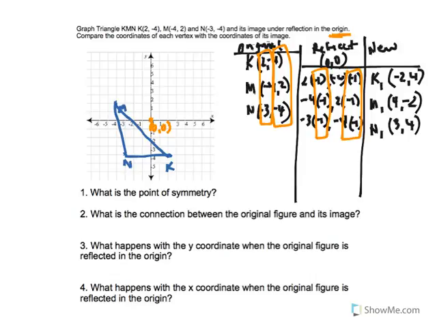And what do we get as our new figure? Let's see. This is K prime. This becomes M prime. And this becomes N prime.